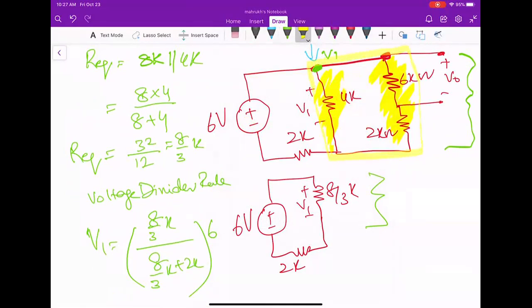We said that this part of the circuit's equivalent resistance is 8 by 3K. We know what V1 is. So this is the V1 that we got. So this V1 is the same V1 here, and it's the same V1 here.